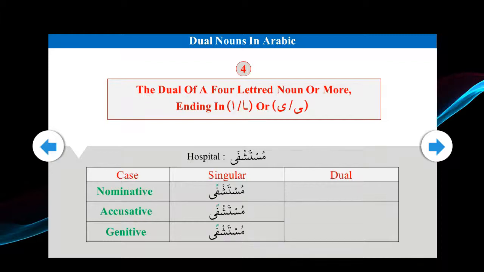To form the dual, we change the ending to ya, and then we append the dual suffix, so we get مستشفيان in the nominative case, and مستشفيين in the accusative and genitive cases.